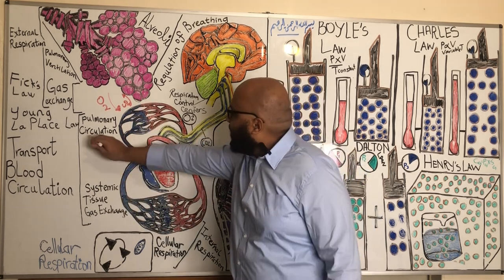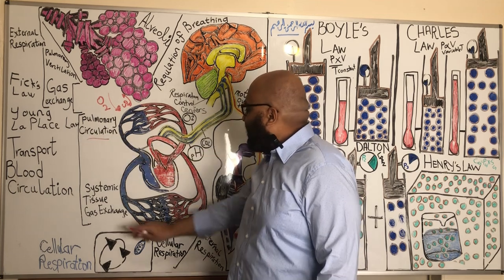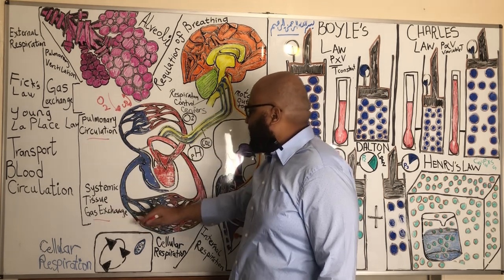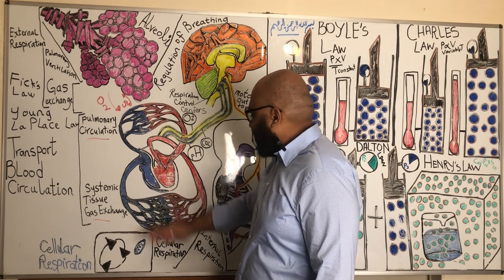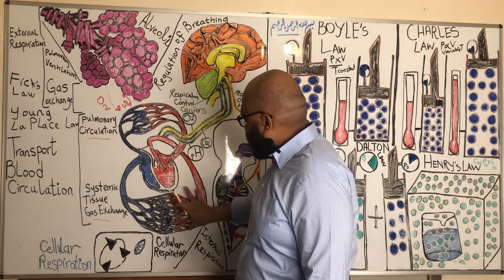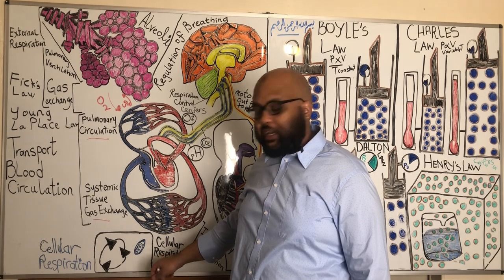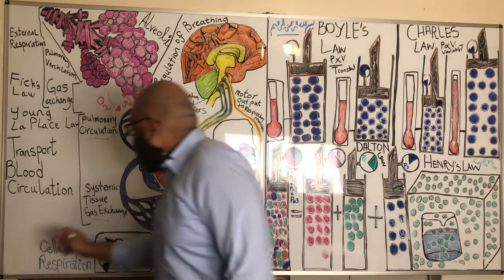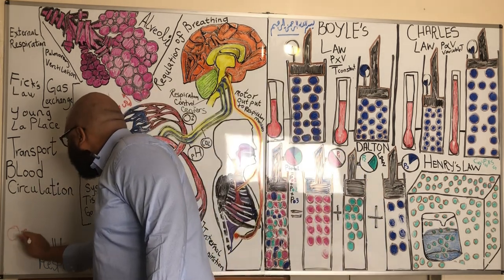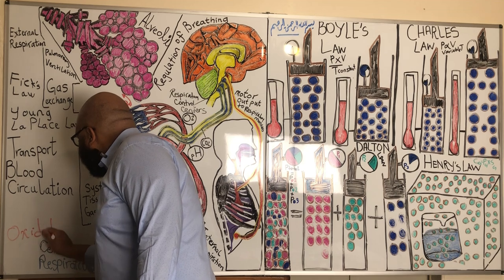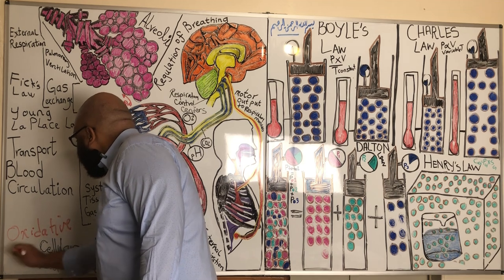So you have a pulmonary circulation, and you also have a systemic circulation where there is a systemic tissue exchange of oxygen between your circulatory system and the cells in order to undergo oxidative phosphorylation.